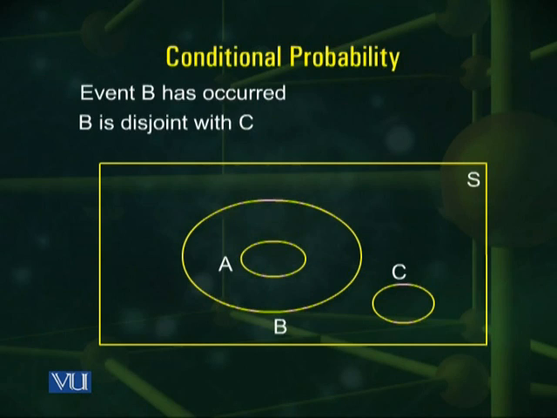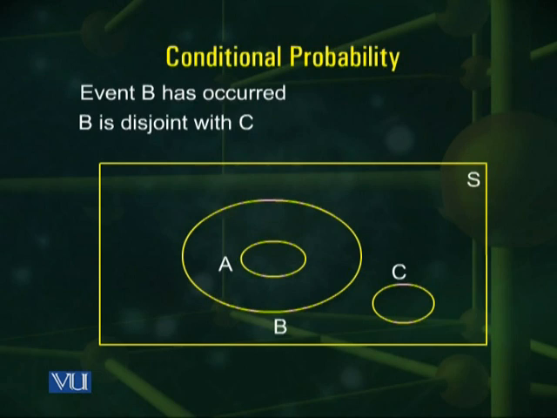First, look at the unconditional probability of A. It is the sum of probabilities of all outcomes that belong to A. But if you give additional information that set B did occur, then the new restricted sample space is just the interior of set B. And then the probability of A given the set B increases because the region of uncertainty got reduced from S to B. Now event A is more likely to occur because of the reduced region of uncertainty.